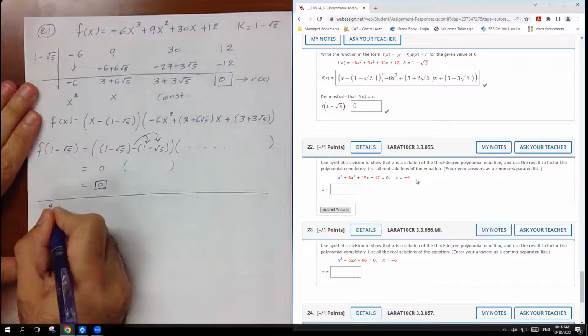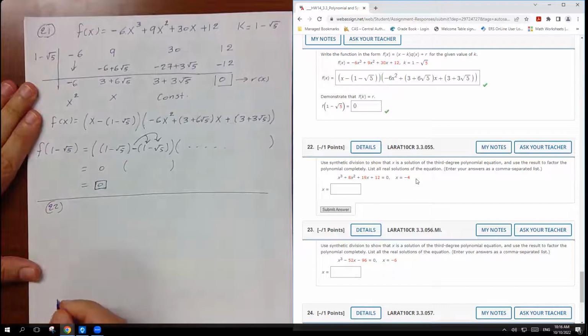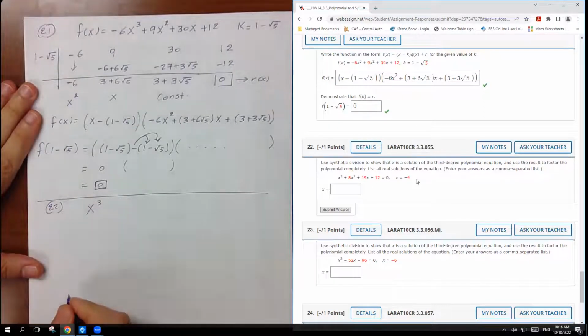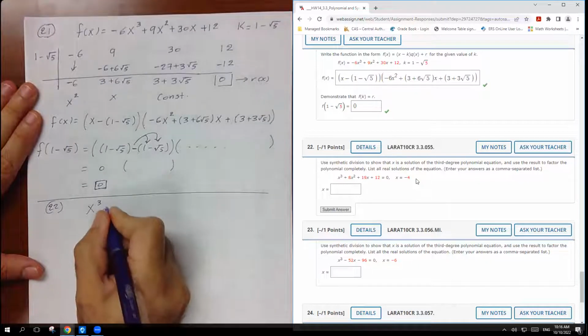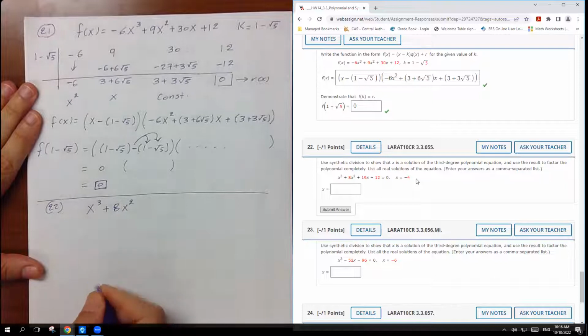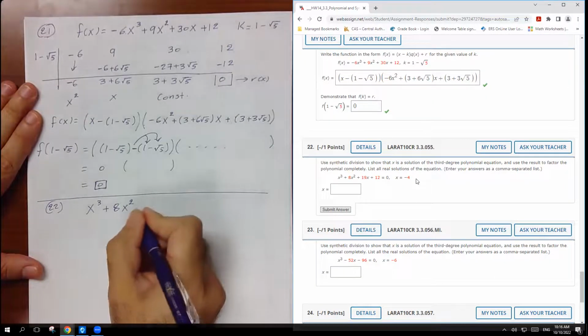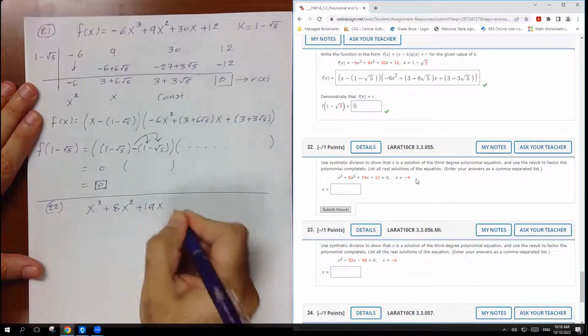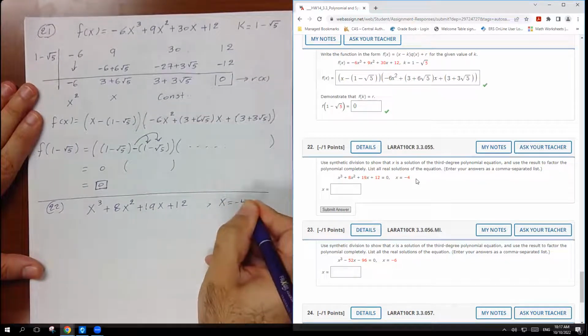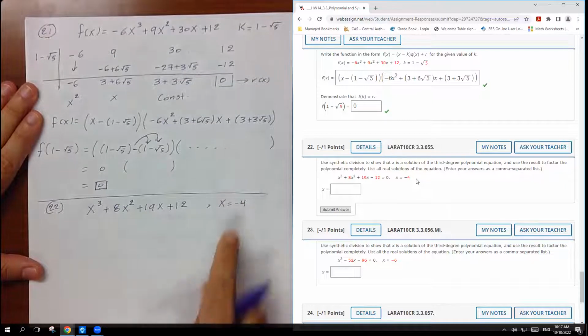Example 22, we have x cubed plus 8x squared plus 19x plus 12. And they're telling you x equal -4, the first solution.